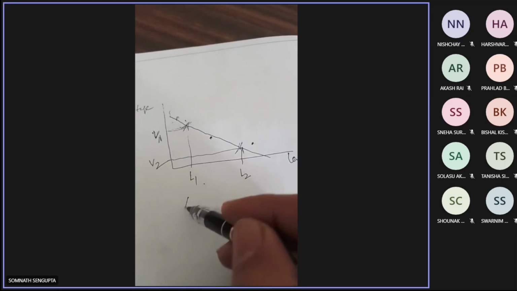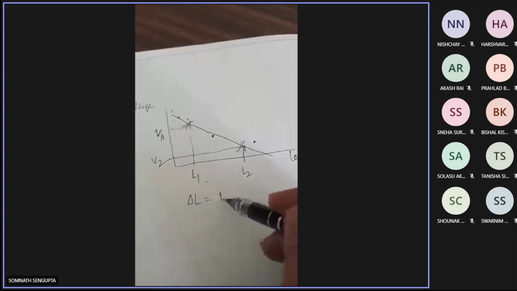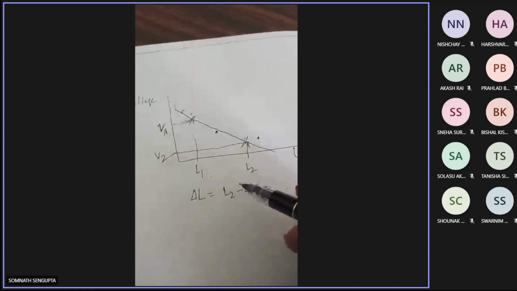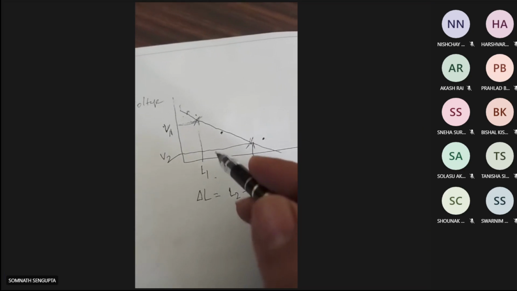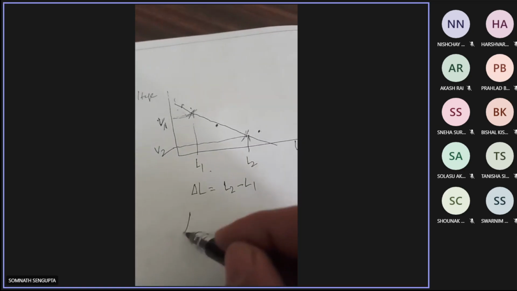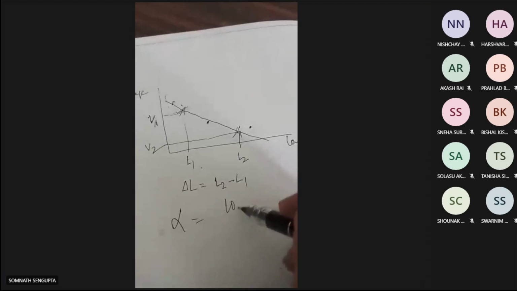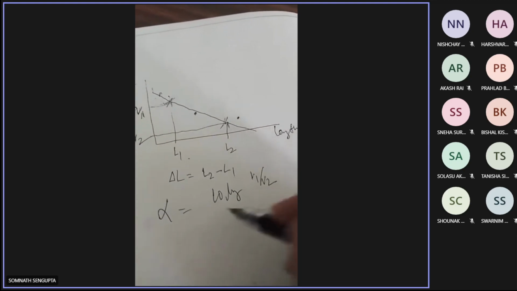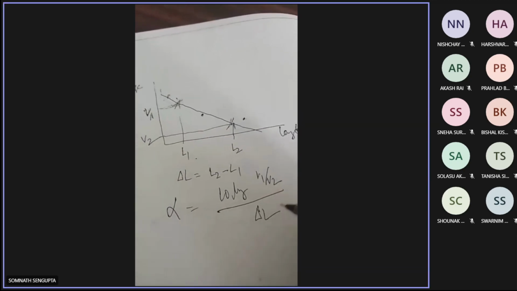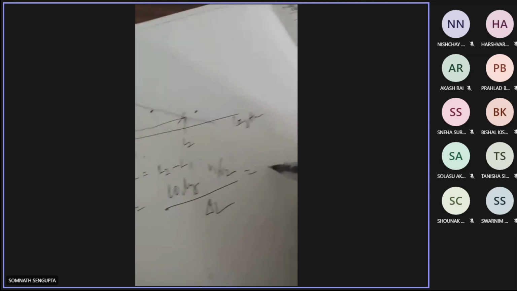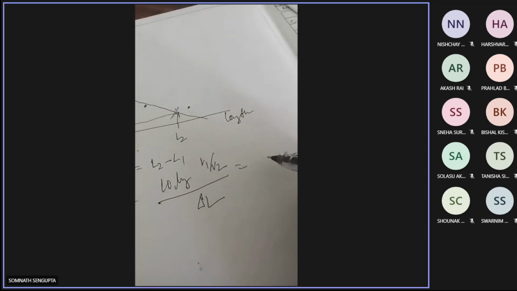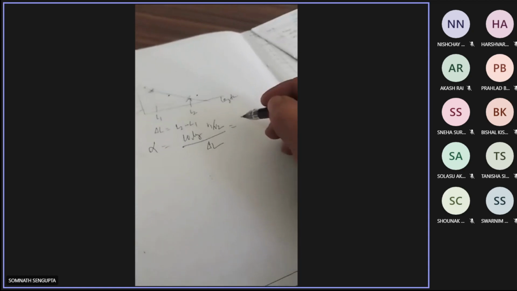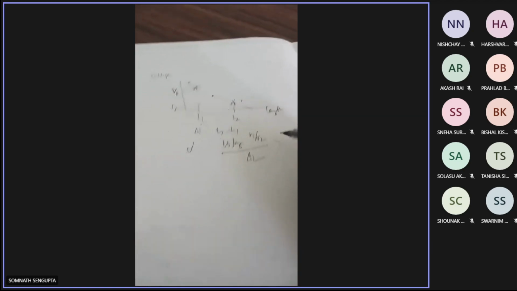The difference delta L is L2 minus L1. Okay, from the graph itself you will find it. And V1, V2 are the two voltages. Then apply the formula alpha equals 10 log V1 by V2 divided by delta L. Now it will come to some value, okay, that you will get only after drawing the graph.